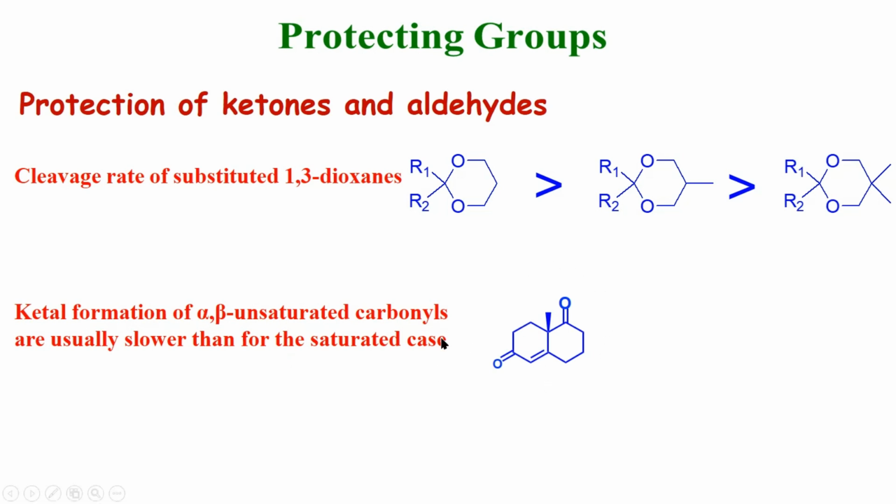If I take a compound with a saturated ketone group and an alpha beta unsaturated ketone, and I treat it with diols in the presence of an acid, the saturated ketone is protected more easily than the alpha beta unsaturated ketone.